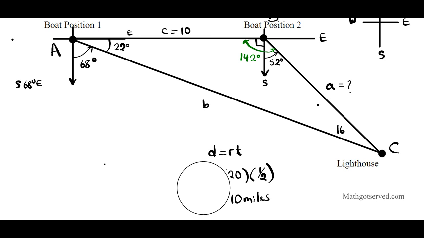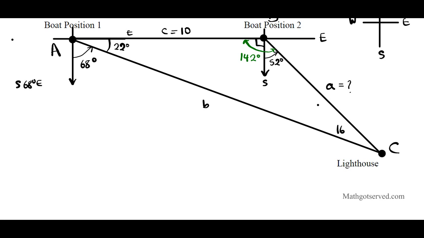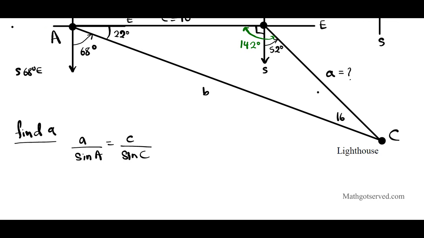And the answer is absolutely we can. We're looking for little a, so we use the formula a over sine A equals, now which pair do we know? We know the C pair, right? Little c and big C, we know what they are, so we're going to use c over sine C. That should help us solve this problem.